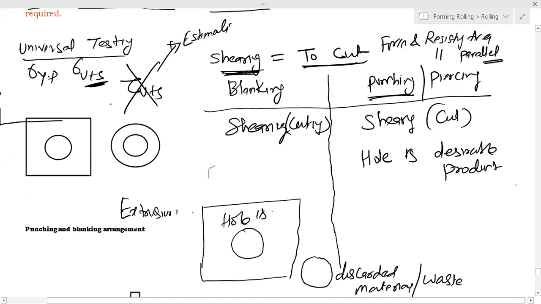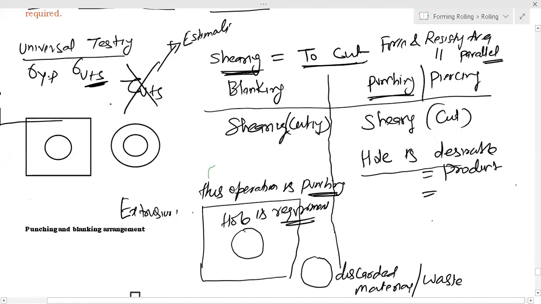That is our requirement. Then this operation is called punching. Means in punching operation, hole is desirable, hole is the product, right? And this blank is waste material.